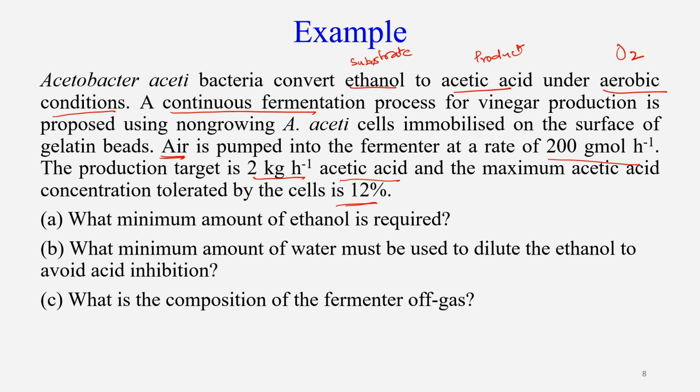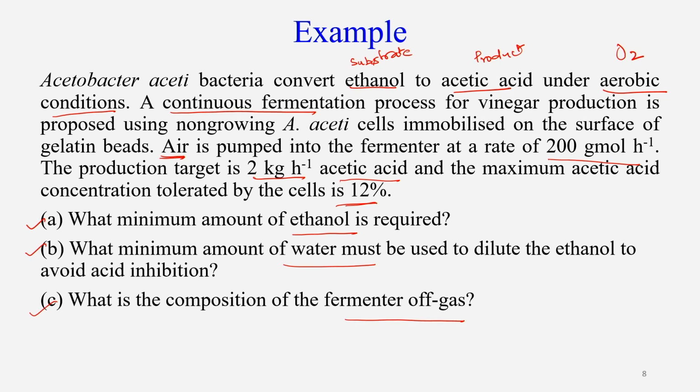Then we have to apply the law of conservation of mass, and followed by that we have to calculate first what is the minimum amount of ethanol required, what minimum amount of water must be used to dilute ethanol to avoid acid inhibition, and what is the composition of fermenter off gas.